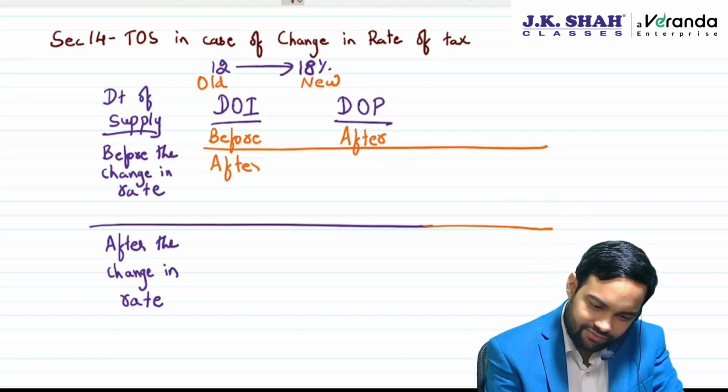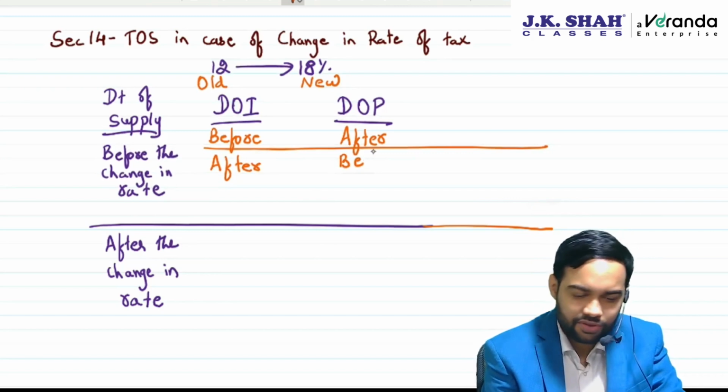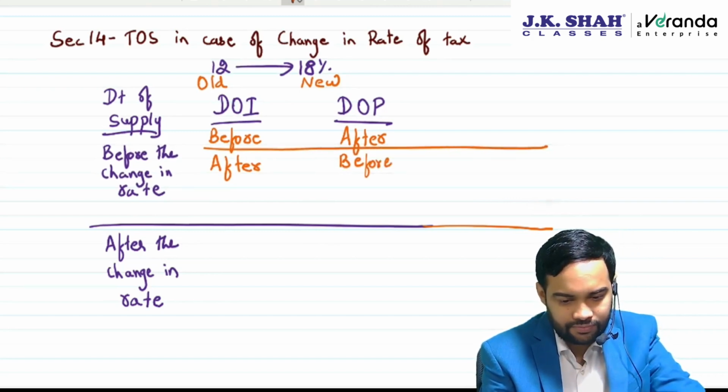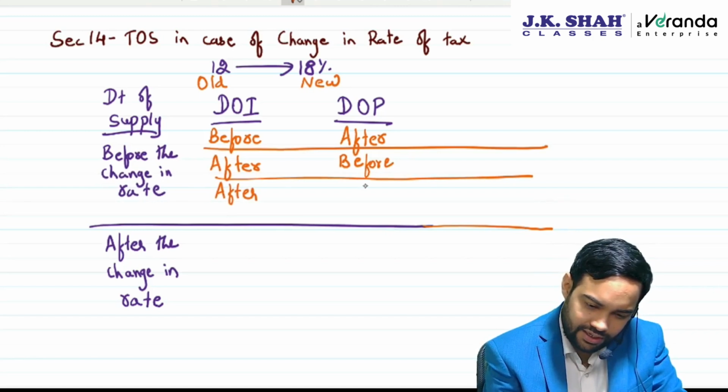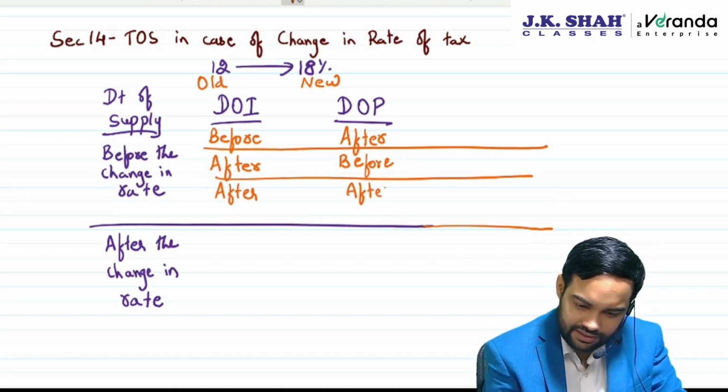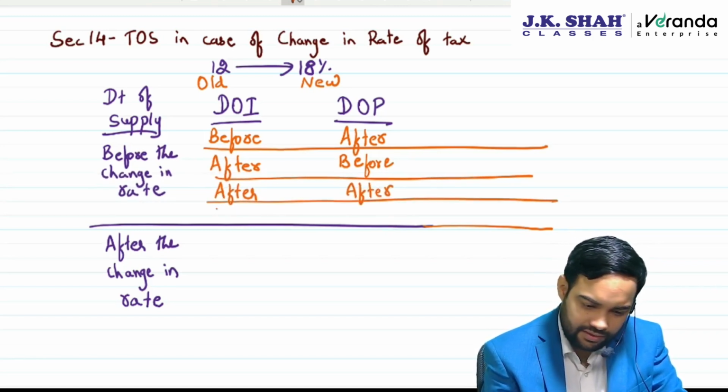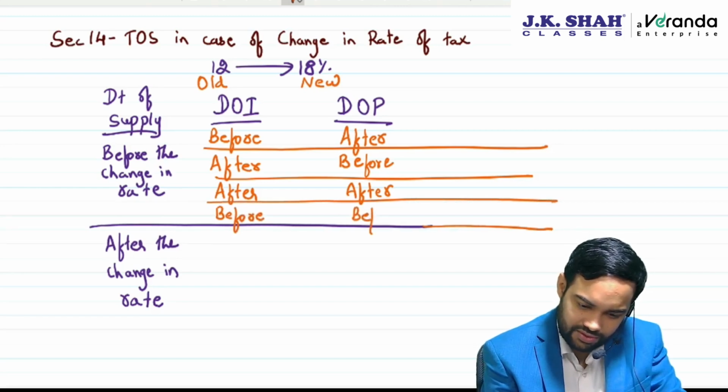This can be after, this can be before. Then both can be after, and lastly this can be before, this also can be before.